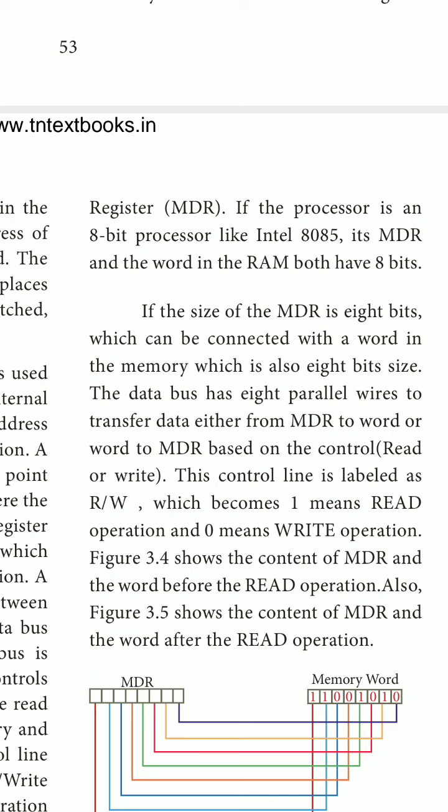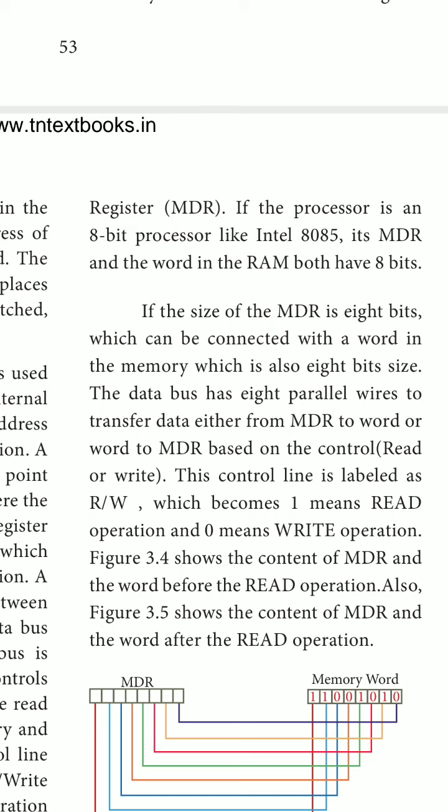If the MDR is smaller than the word size, then the data stored inside the memory will not be passed; all the data of the word will not be transferred to the MDR. If the processor is an 8-bit processor like the Intel 8085, the MDR and the word of the RAM both have 8 bits.